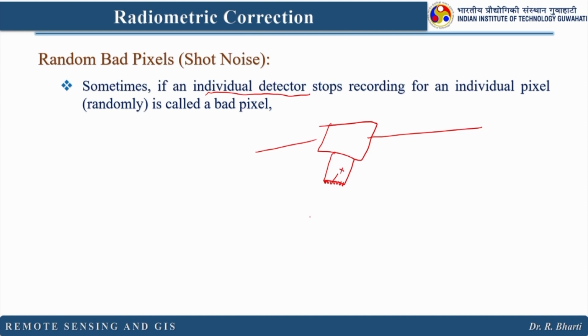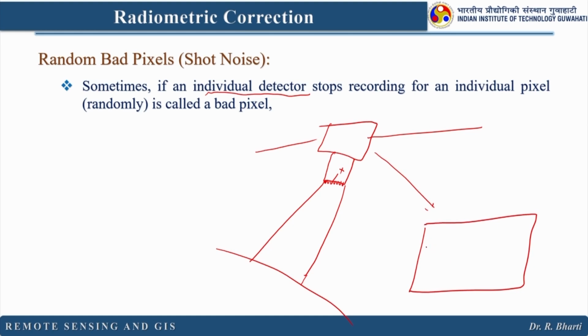So what will happen, this will scan some area on the ground, right. So it is looking at the ground now, and then it will generate an image, and when it is generating, what will happen, you will have DN values for all other pixels except a particular pixel when this particular detector has stopped recording for that particular moment.